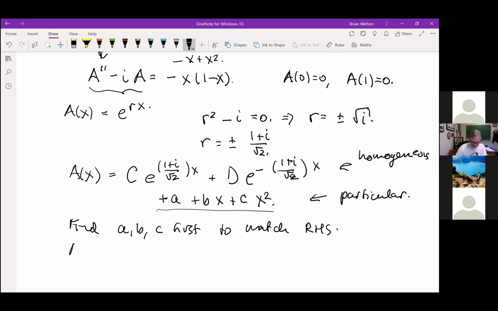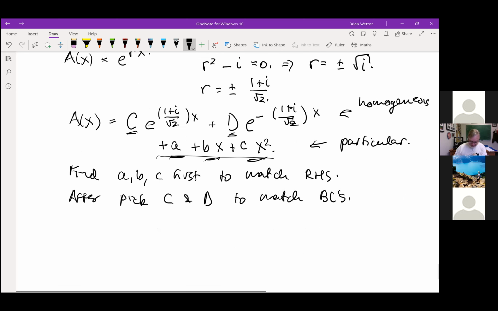And then afterwards, you pick c and d to match the boundary conditions, right? Because these could give you some non-zero contributions at the boundary, which the homogeneous solution has to fix up.